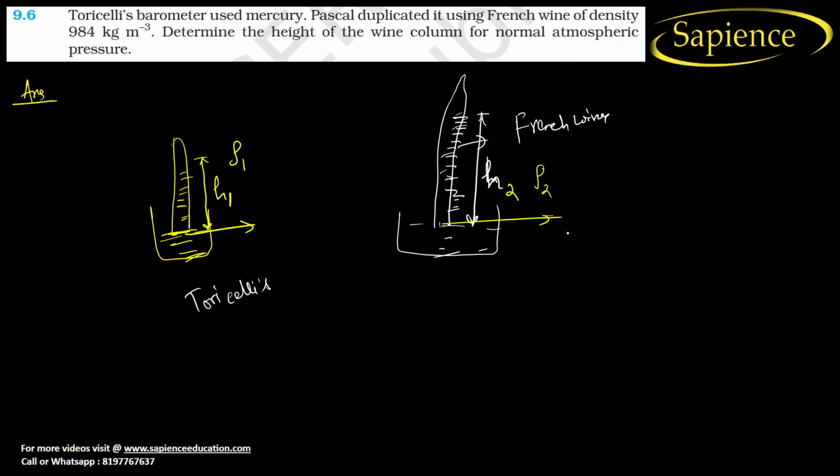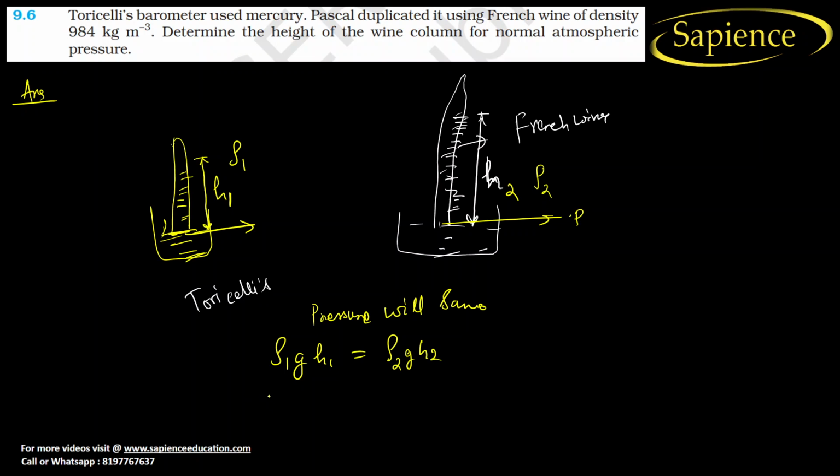Pressure at both places will be the same, because it is atmospheric pressure. So rho1 g h1 is equal to rho2 g h2.